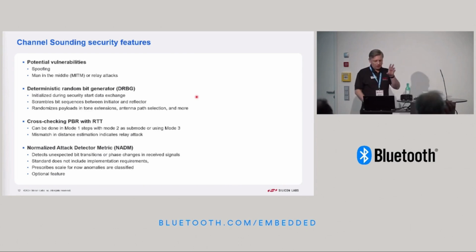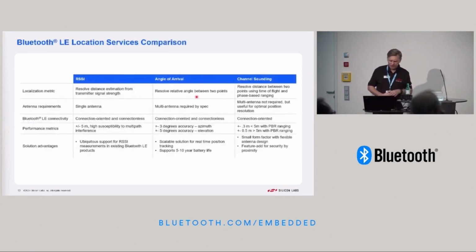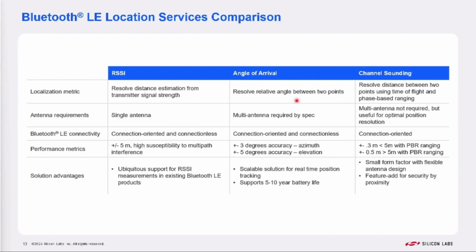Okay, so now that we've gone through some of the protocol features of channel sounding, I want to take one step back and mention, at the top of this presentation, I talked about how location services have always been a priority for Bluetooth Low Energy. I don't want to go through each of these, but just highlight a couple. If you look at RSSI versus angle of arrival versus channel sounding, both RSSI and angle of arrival have a connectionless mode of operation. Channel sounding is connection-oriented only, right?